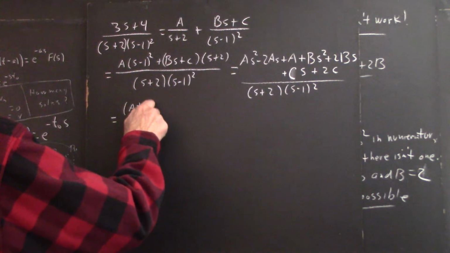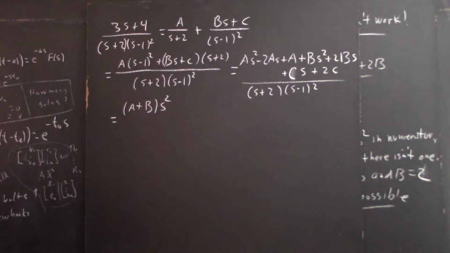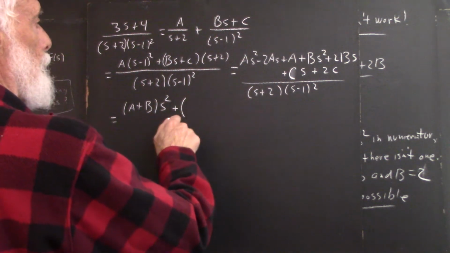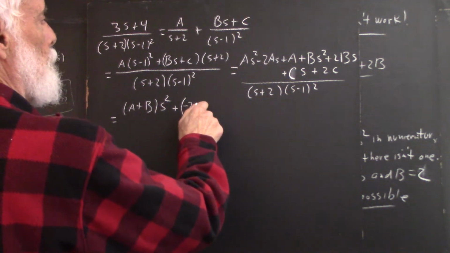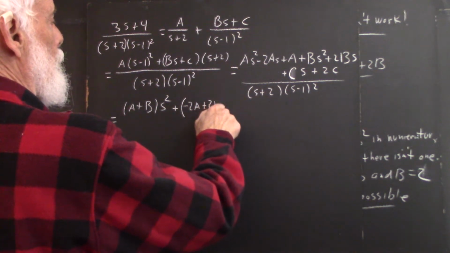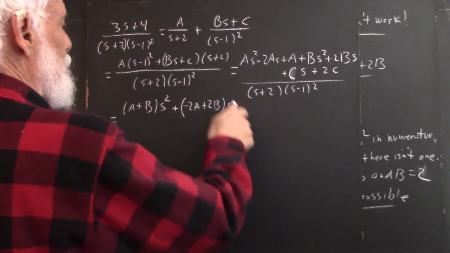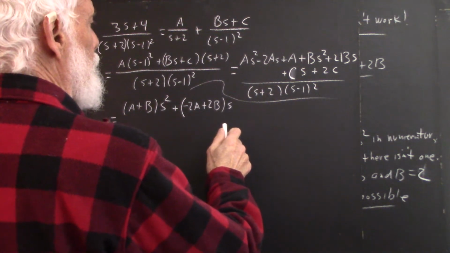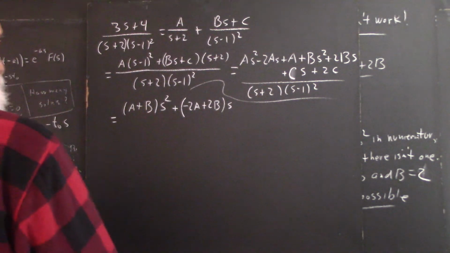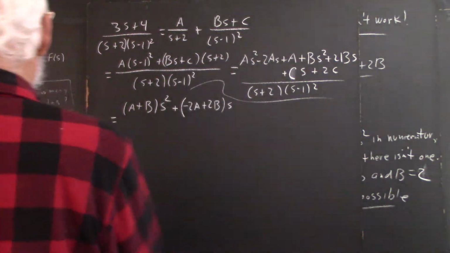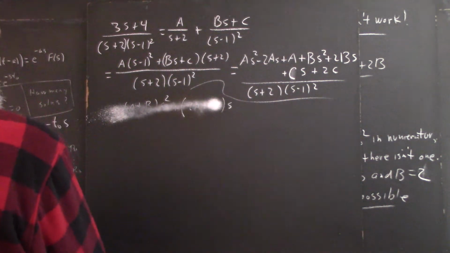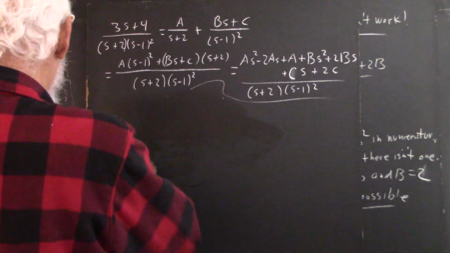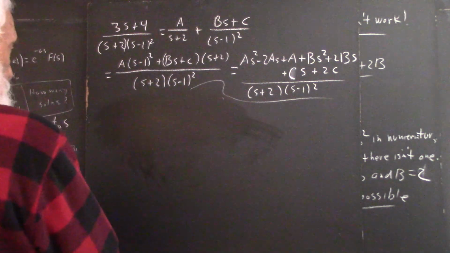So we have A plus B times S squared plus negative 2A plus 2B times S. A little sloppy here. And it wasn't done there. Let me just start this over and write it a little lower so it lines up. And maybe I'll remember to put all the terms in.